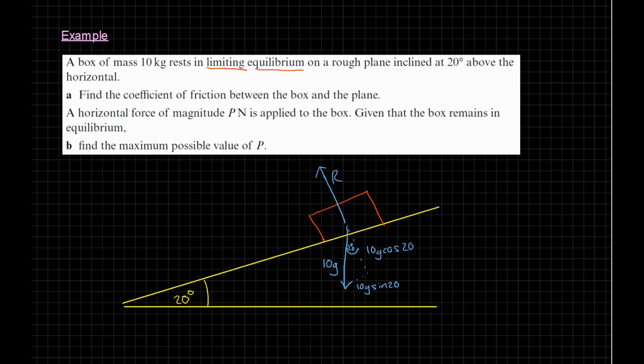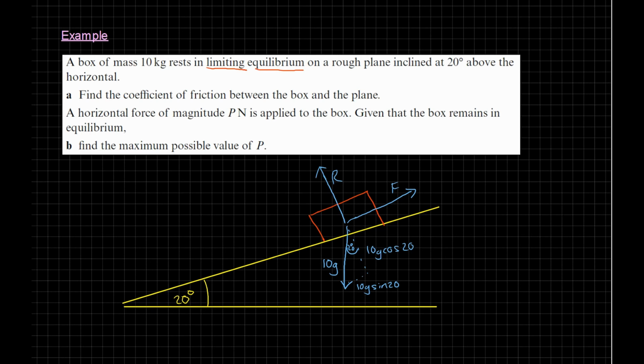Okay, and we actually know the reaction force must have... Oh, let's not jump ahead actually. Let's look at the other forces. What else have we got? Oh no, that's just about it, isn't it? Except then the friction. Right, remember the friction acts this way, F. And what we know is that because it's in limiting equilibrium, not only is there friction acting, but the friction is at its maximum.